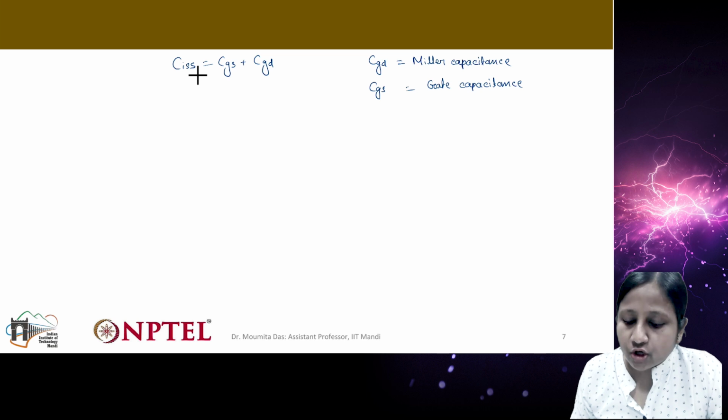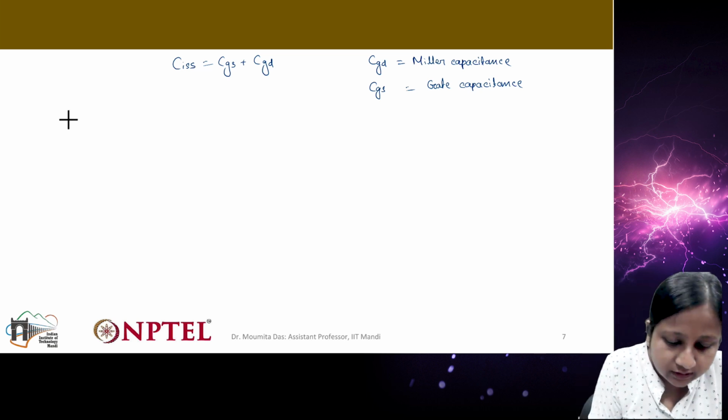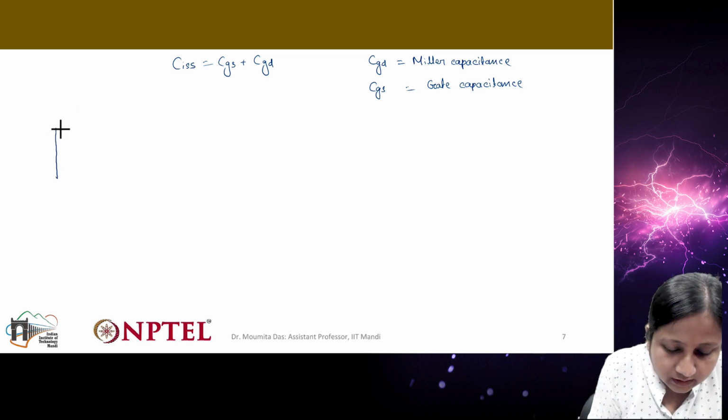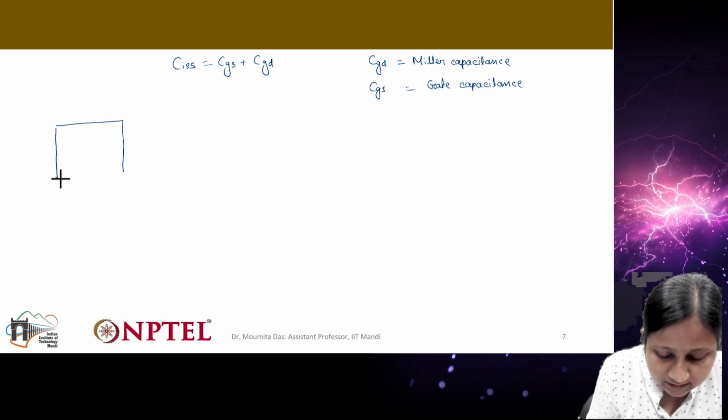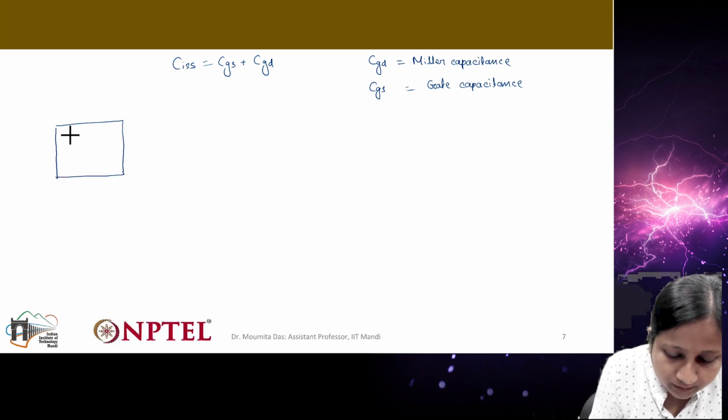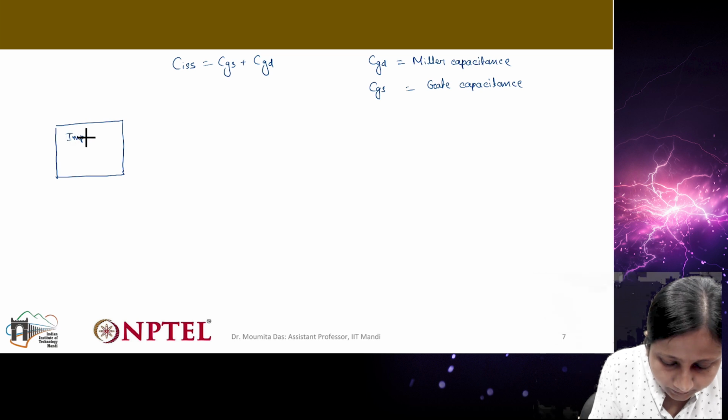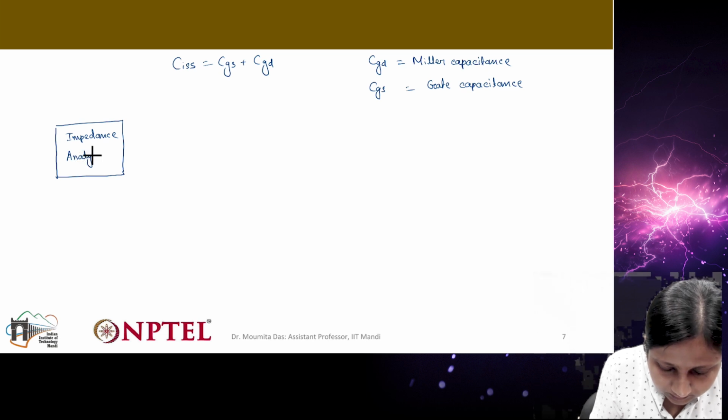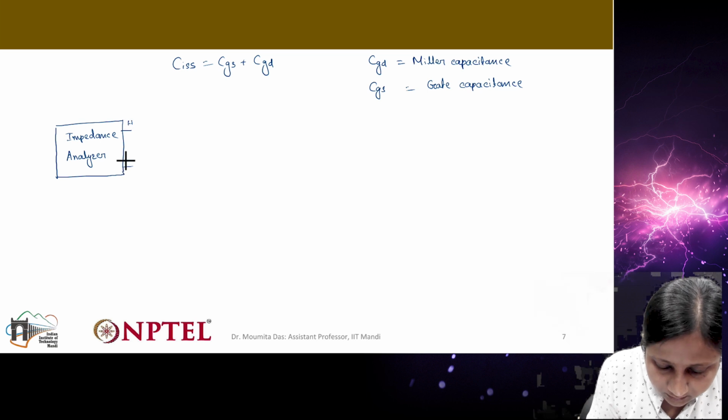How can we short this drain and source terminal? The device will be connected to the impedance analyzer, similar to the previous case. It has a high and a low point.